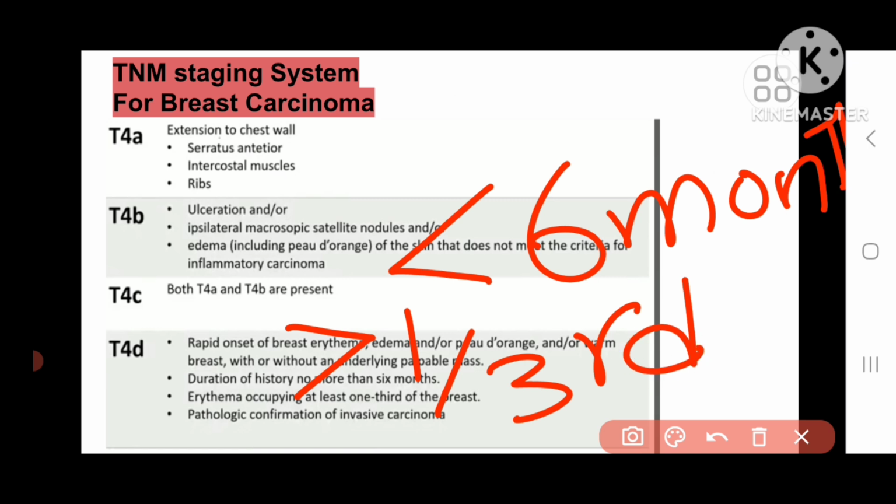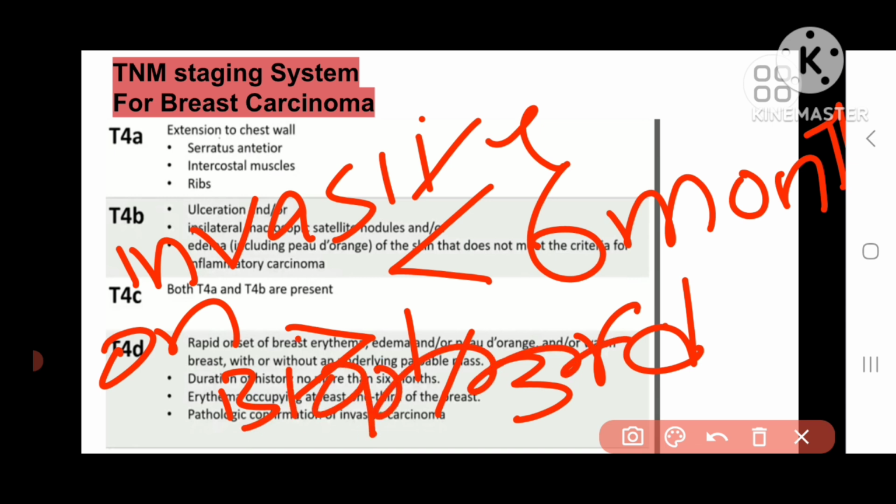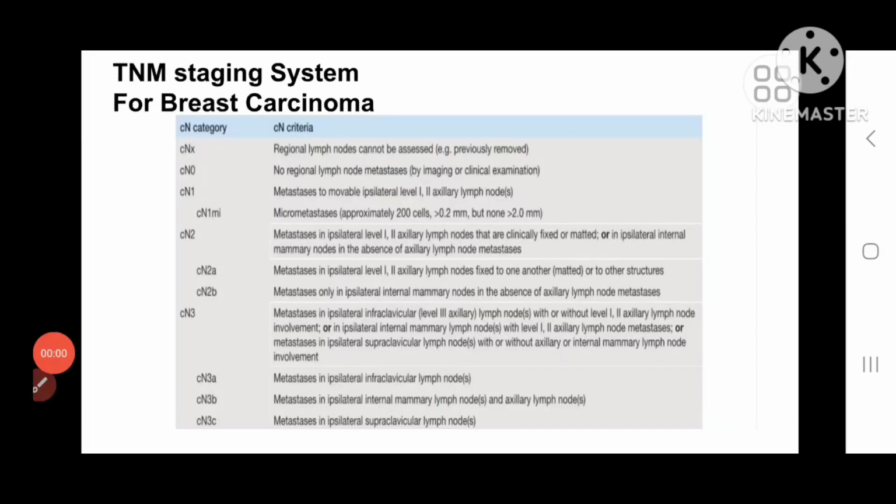And third is the confirmation of invasive carcinoma on biopsy. So this is the criteria for T4d.